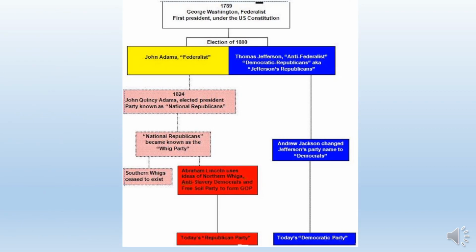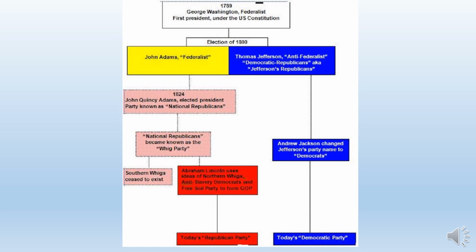Now, here is basically a chart talking about everything I just went over, but this is just the picture format. You can see in 1789, George Washington, they call him a Federalist, but he really wasn't a member of the Federalist Party as much as he was just the rallying cry of the Federalist.